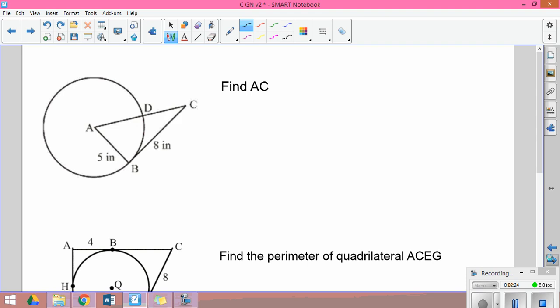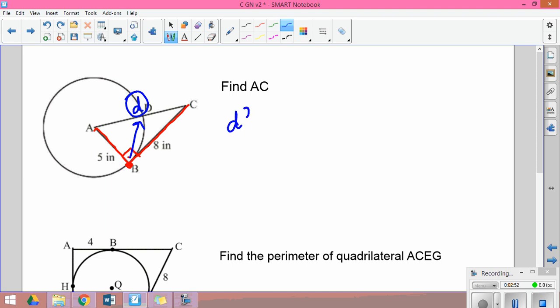So how would we use this? The first problem here is a tangent problem. If I see this radius, AB, and it's touching in one spot with my tangent line, CB, I know this is a right angle. And as soon as I know it's a right angle, then this length, AC, I can call it D, I can call it R, I can call it whatever I want, becomes my hypotenuse.